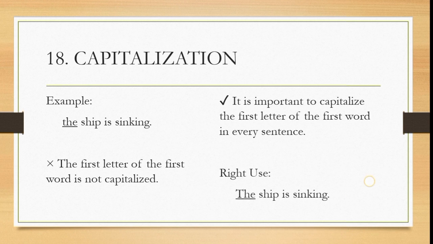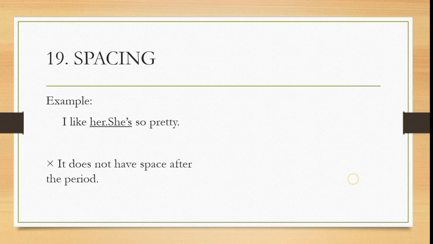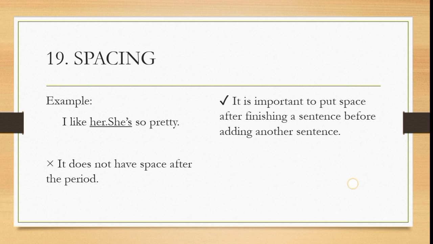Example, The ship is sinking. Next is spacing. Example, I like her.She is so pretty. It is a mistake because it does not have a space after the period, when it is important to put a space after finishing a sentence before adding another sentence. Example, I like her. She is so pretty.